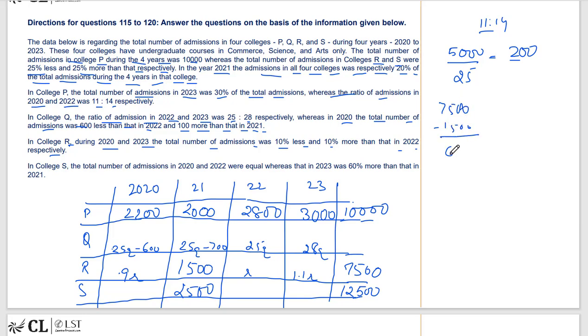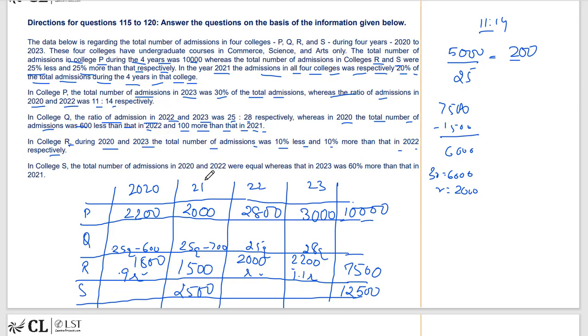The balance is 6,000. 0.9R plus 1.1R plus R gives us a total of 3R. This 3R should be equal to 6,000. Then R should be equal to 2,000. So from here we get this figure 2,000. Here we have 10% more than this, so this is going to be 2,200 and this is going to be 1,800.